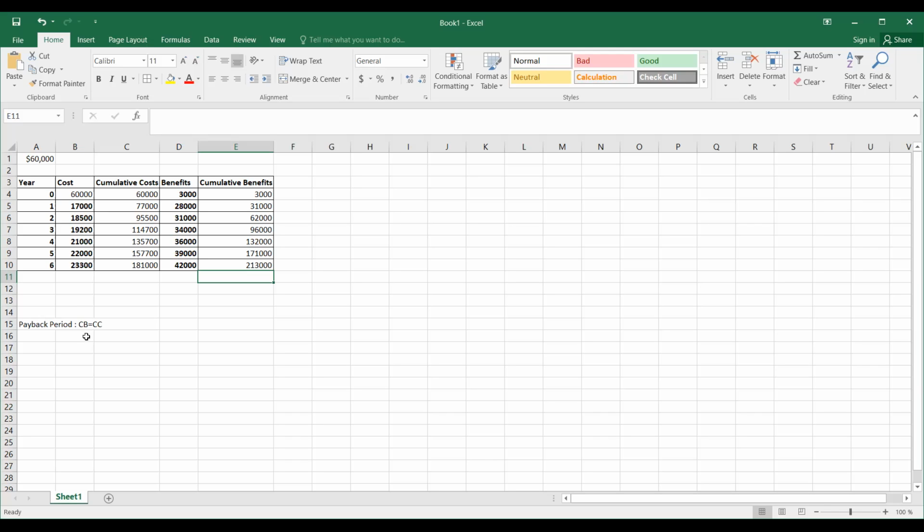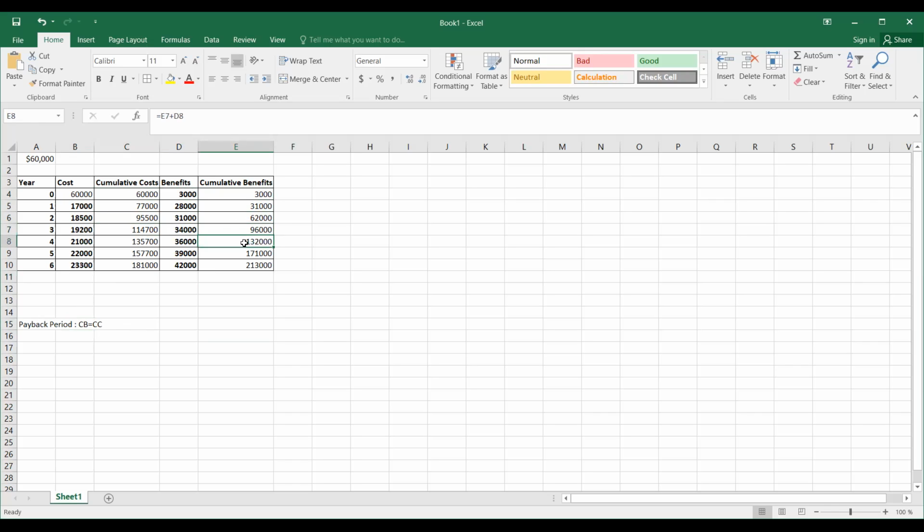Now, what we want to do is find out the payback period. The payback period is when your cumulative benefits equal cumulative costs. So let's see where the meeting point is. On the second year, 95,500 against 62,000, no way it's meeting. Third year, 114,000 is the total cumulative cost, and you have 96,000, still missing.